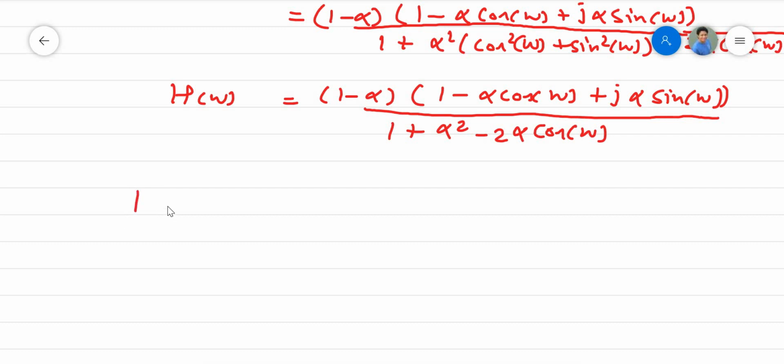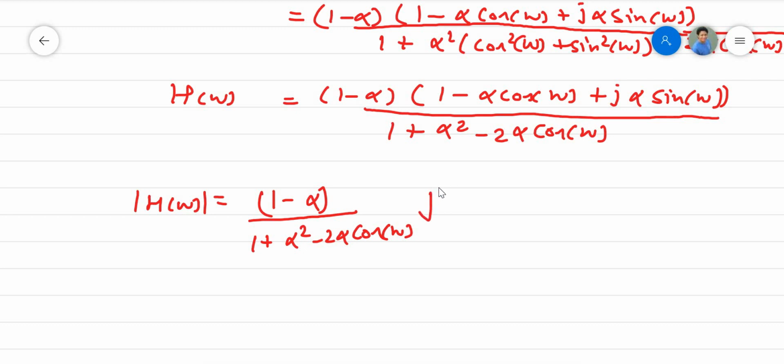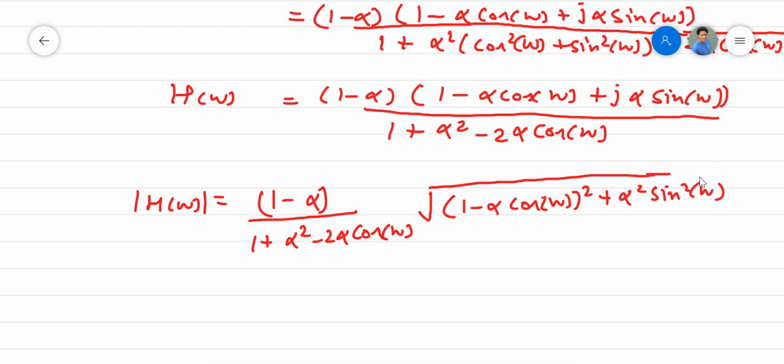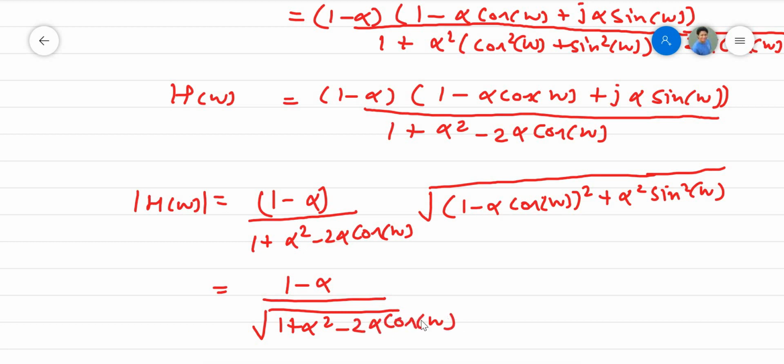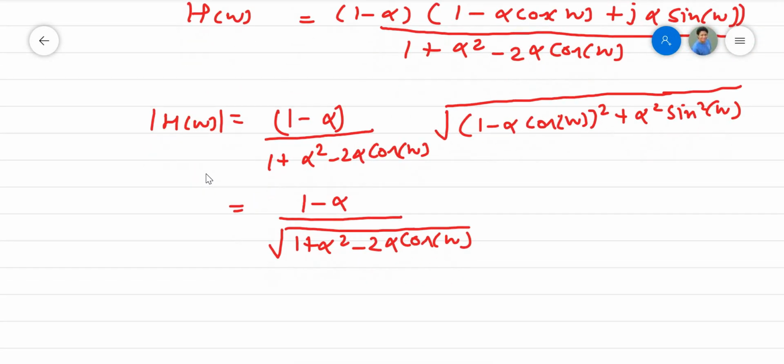Now we want to find out the mod of H omega, that is equal to 1 minus alpha over 1 plus alpha square minus 2 alpha cos of omega, times the under root of 1 minus alpha cos omega whole square plus alpha square sine square omega. Solving this will lead to 1 minus alpha over under root of 1 plus alpha square minus 2 alpha cos omega. Okay, so this is our magnitude.